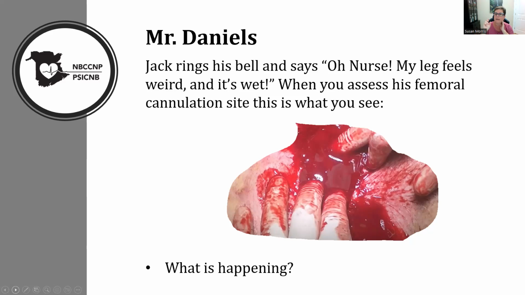There is never a period where you put your bare hands in somebody's groin who's bleeding like that. Please protect yourself. Grab a pair of gloves. Even if you don't have sterile gauze, protect yourself with gloves.